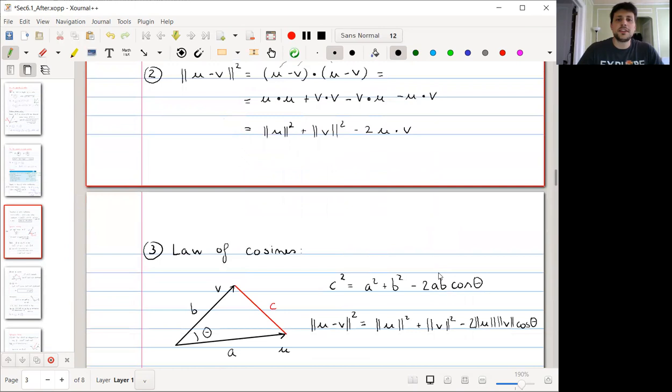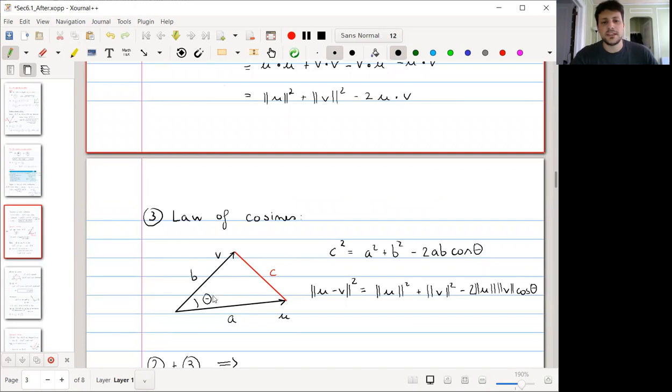Now, another thing that I should remind you, not from this class, but from some trigonometry that you may have seen before. And if you haven't, we're just going to say what it is: the law of cosines. Whenever you have a triangle like this with edges A, B, and C, then you have the following relation between the edges. C squared, the edge opposite to this angle theta, is given by a squared plus b squared, corrected by minus twice ab cosine of theta.